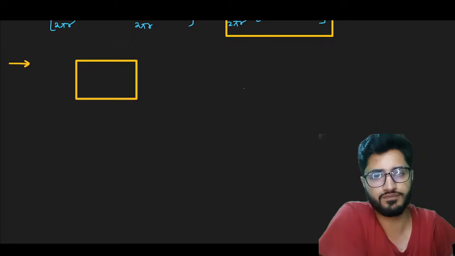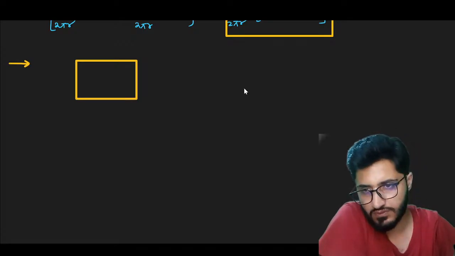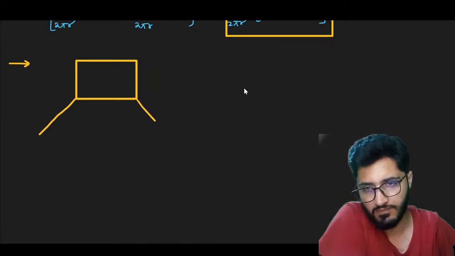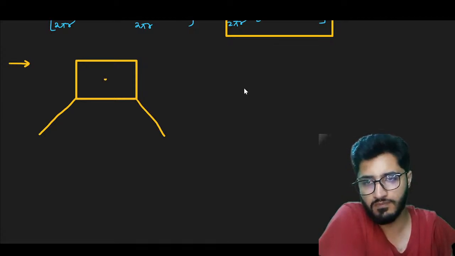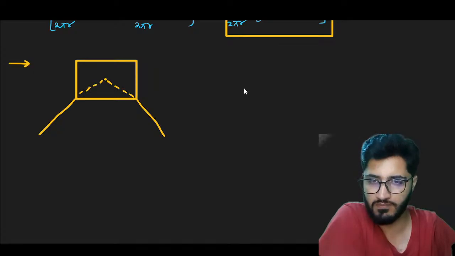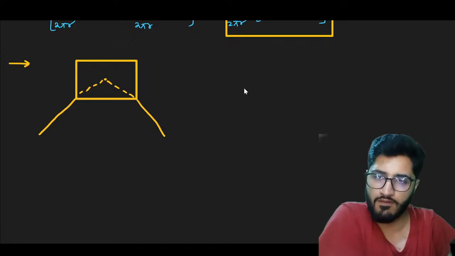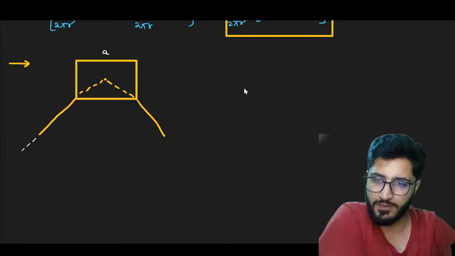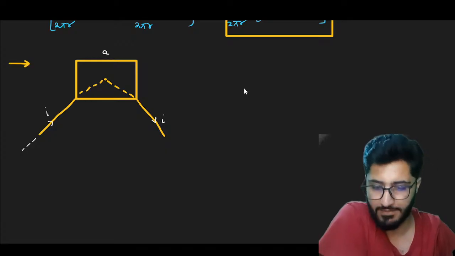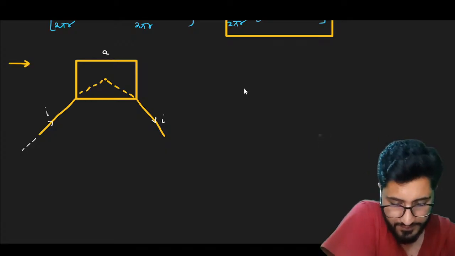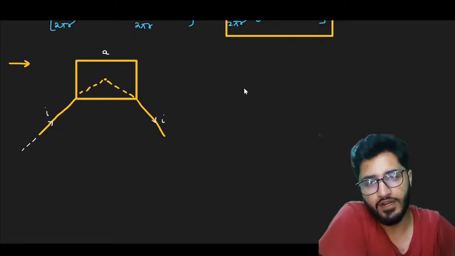A square with side A. Current I is coming in, current I is going out. Then we need to find out the magnetic field at the center.